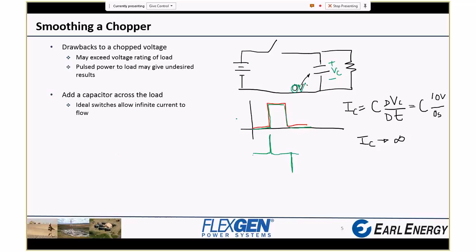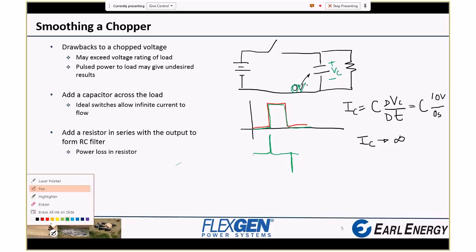Okay, so we know of a component that can resist current flow when we apply a voltage, right? And it's a resistor. So we'll erase this and we'll put in our resistor.